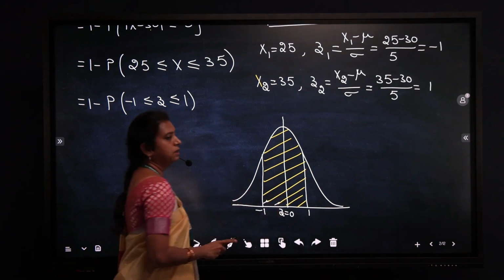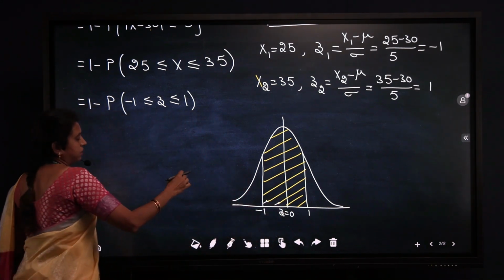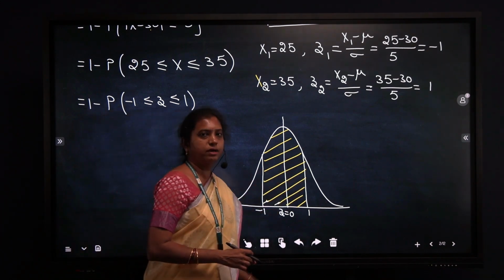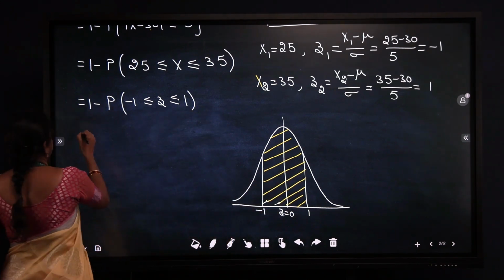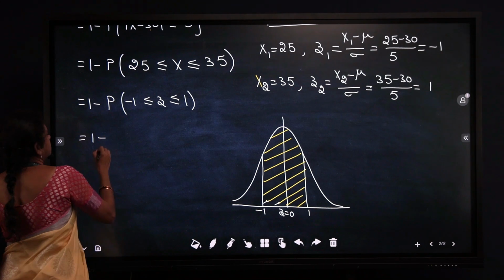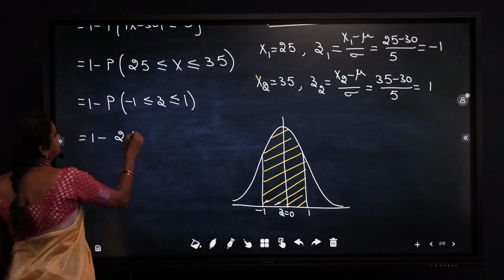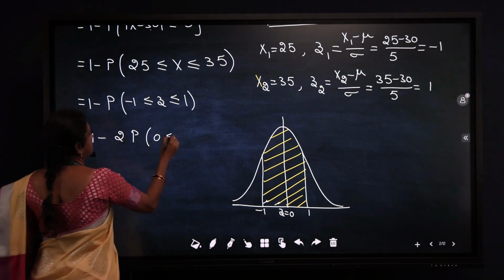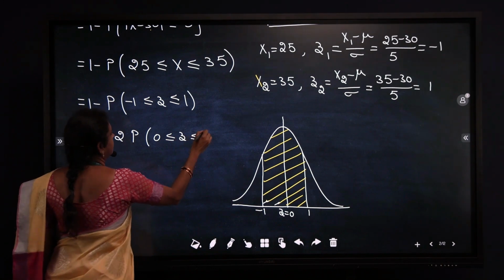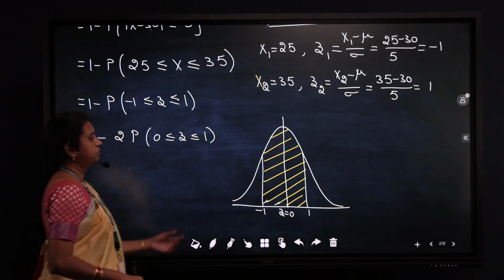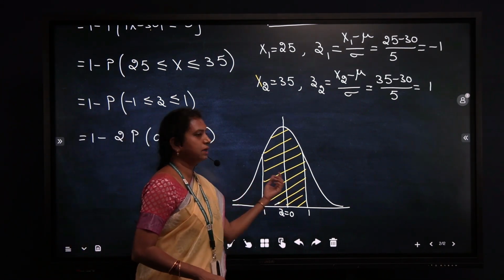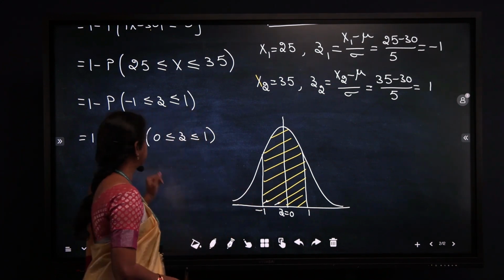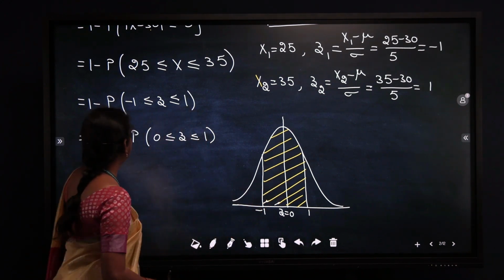And already I've told you that it is symmetrical. That is, whatever we have on the left side, the same we'll have on the right side. So I can write this as 1 minus 2 times the probability of 0 less than or equal to z less than or equal to 1, right? So whatever area value we have on the left side will be the same on the right side. So now I'll find out for 0 what is the value.